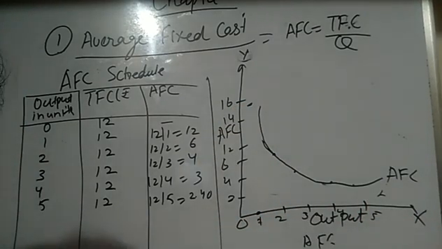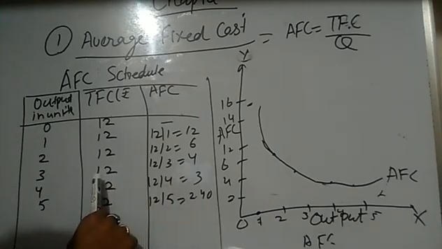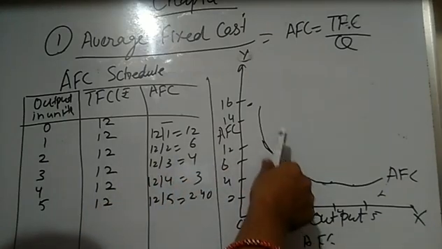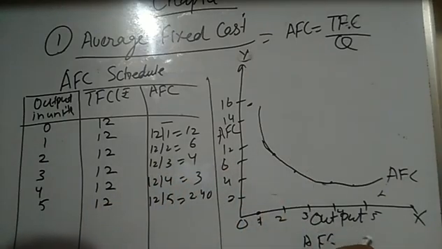Okay students, so average fixed cost can never touch both axes. Average fixed cost can never touch the Y axis, because at the zero level of output, total fixed cost is borne by the organization. So average fixed cost falls with the increase in output.